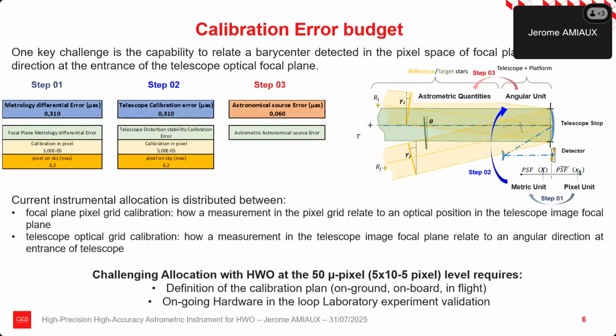And then it goes from this telescope image focal plane to the entrance angular value, so the astrometric values. And this is really the calibration of the optical path, so all the distortion, if you want. Both allocations you can see are at the 50 micropixel level. So this really requires some strong and solid calibration plan. And we're actually also working with hardware in the loop in laboratory to validate the numbers that we can reach after calibration.